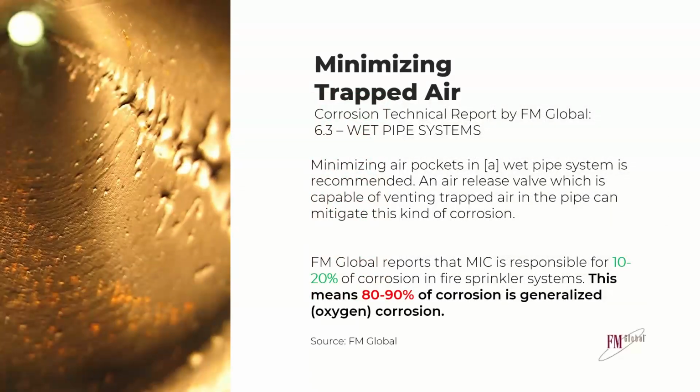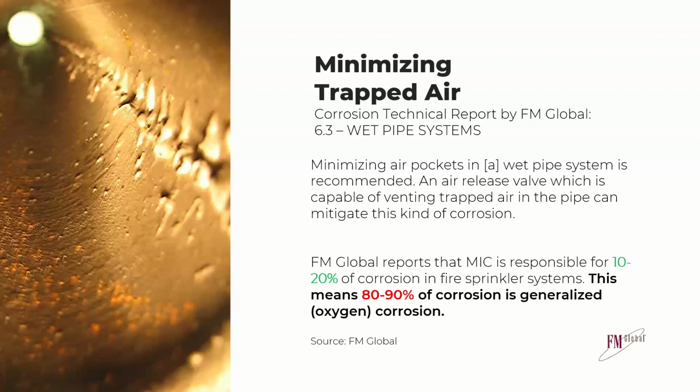Factory Mutual, which everyone I'm sure is very familiar with, did a very good long-term study on the effects of corrosion. This was looking at corroded systems to see what MIC corrosion was, microbial influenced corrosion. This was initially talked about many years ago, and everyone was concerned about MIC corrosion.